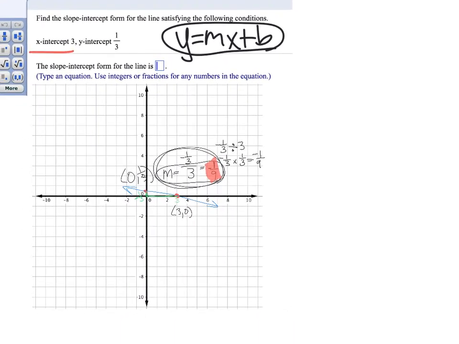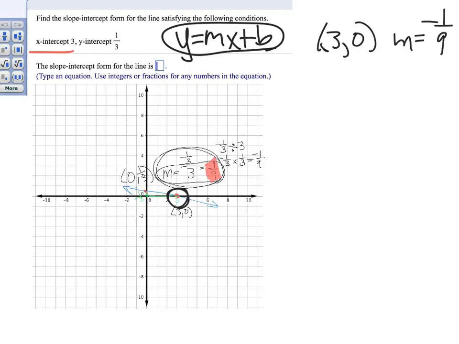So we now have 2 points. We have our information. We have a point, which is our x-intercept, 3, 0, because I'm choosing this point right here. So there's our point, and then our slope is negative 1/9.